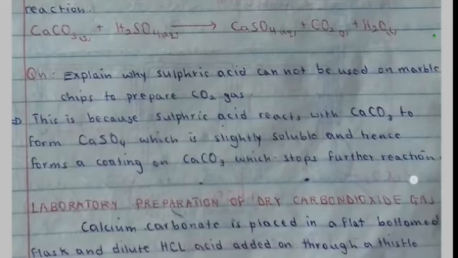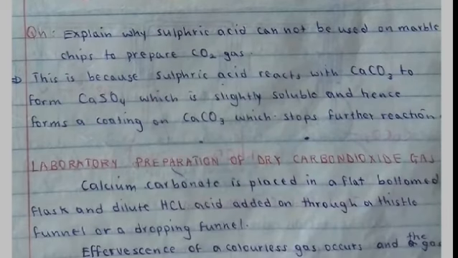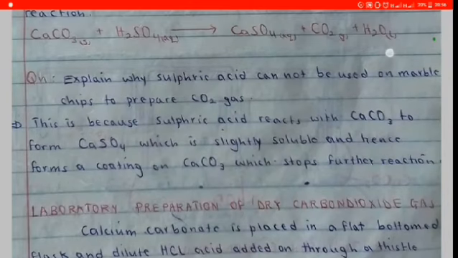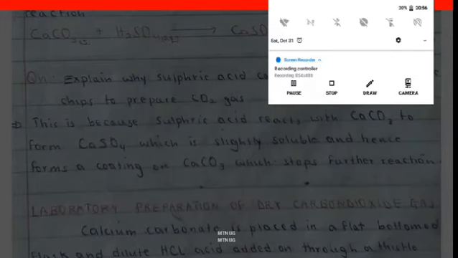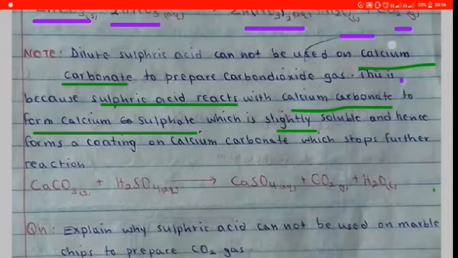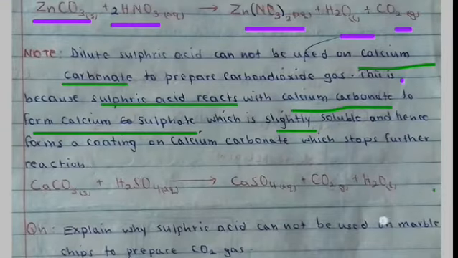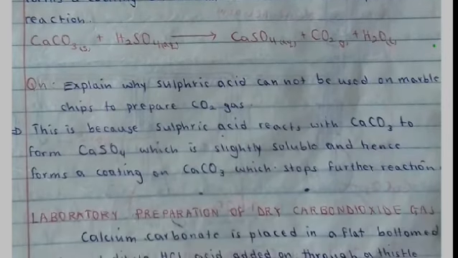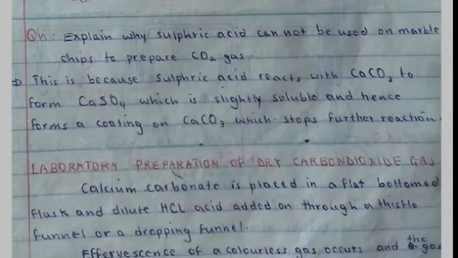Now here there is a common question that is normally asked: explain why sulfuric acid cannot be used on marble chips to prepare carbon dioxide gas.